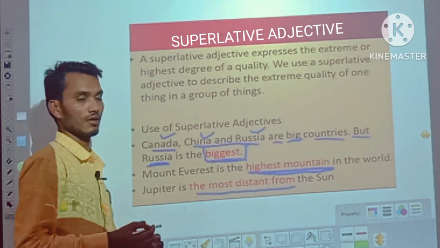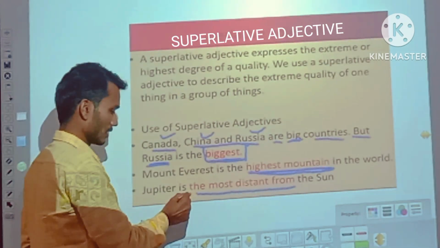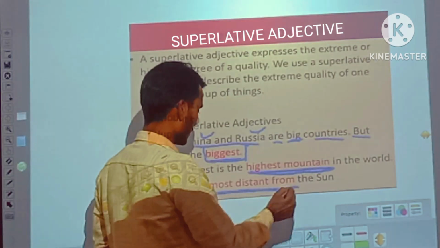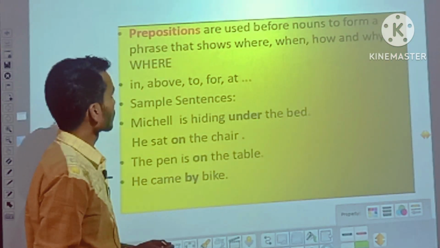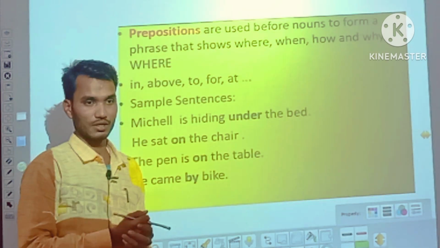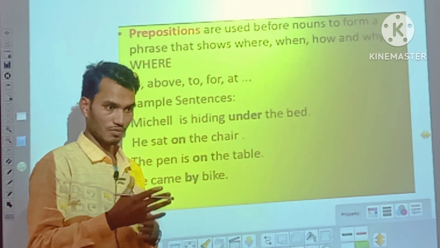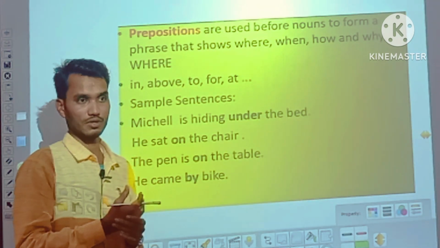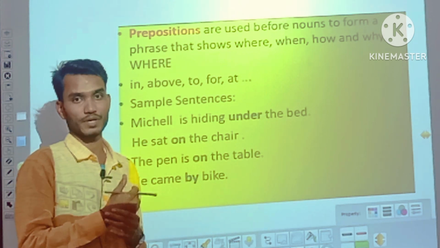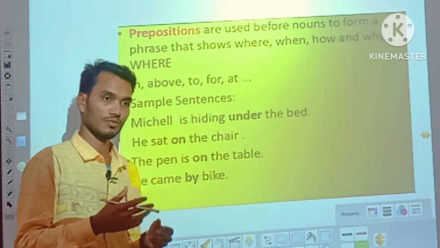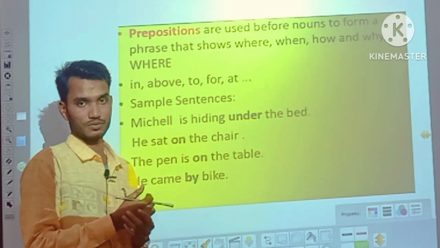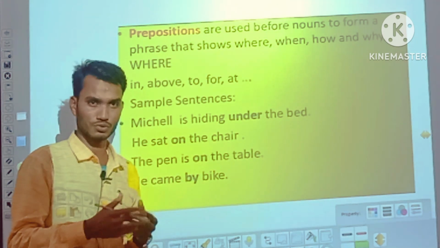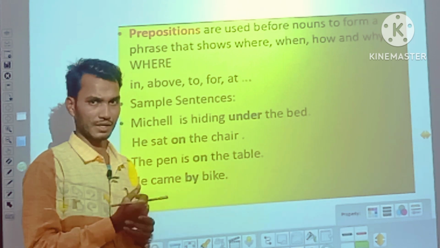Here most distant is a superlative adjective. So we have discussed what adjectives are and their types. As I told you, we have comparative adjectives and superlative adjectives, and I have given you many examples.